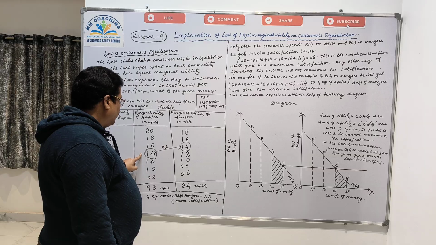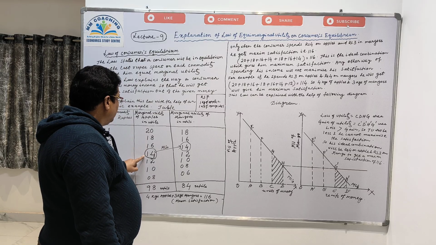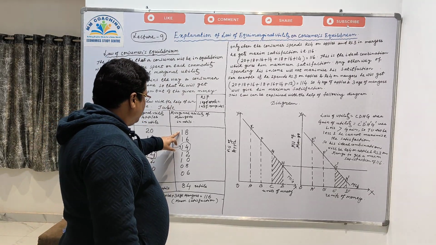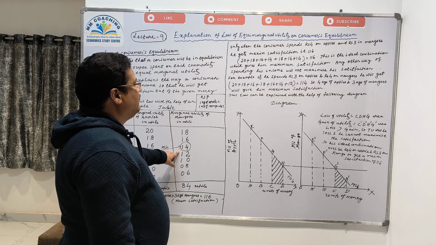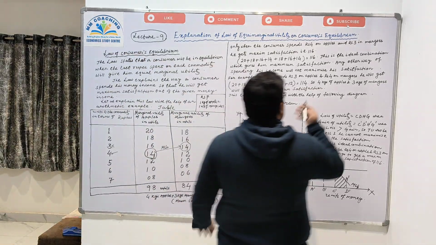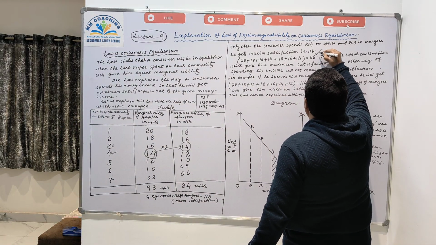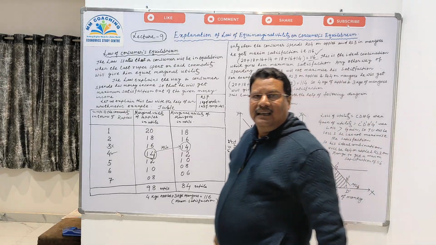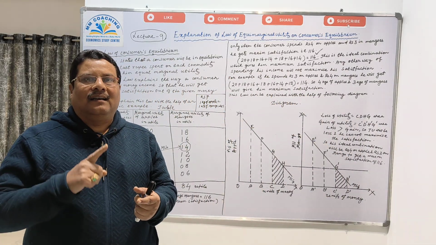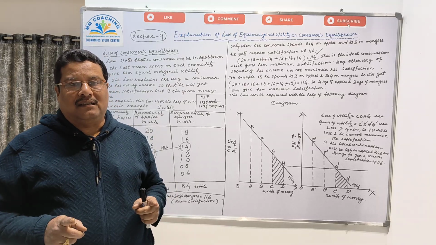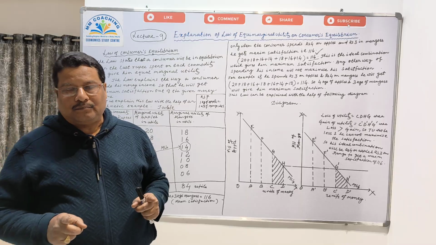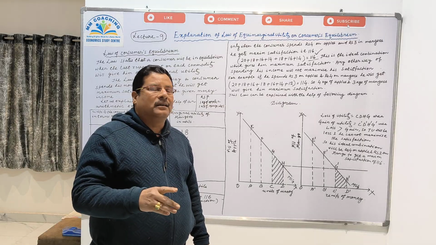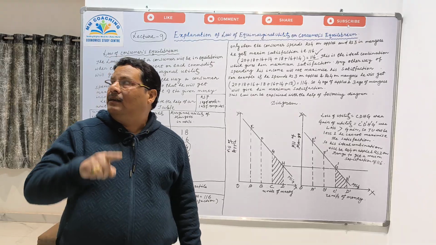So, if we add up 20, 18, 16, 14 from apples and 18, 16, 14 from mangoes, we shall get total utility as 116, and this is the maximum satisfaction he will obtain by spending rupees 4 on apples and rupees 3 on mangoes.